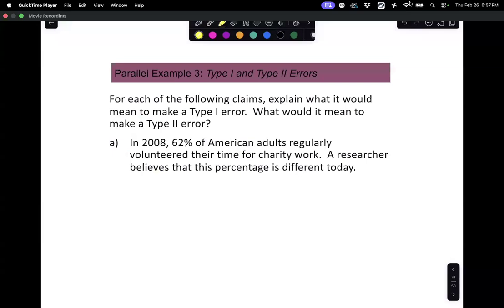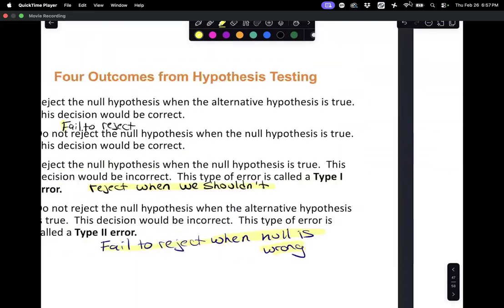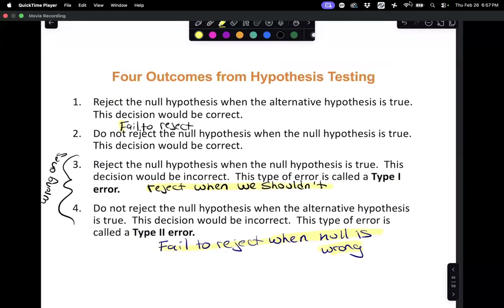So let's talk about what a type 1 error would be here. So remember, type 1 error is reject when we shouldn't.